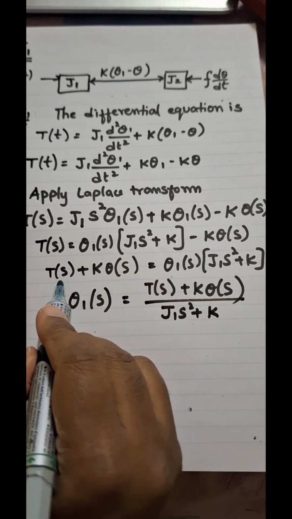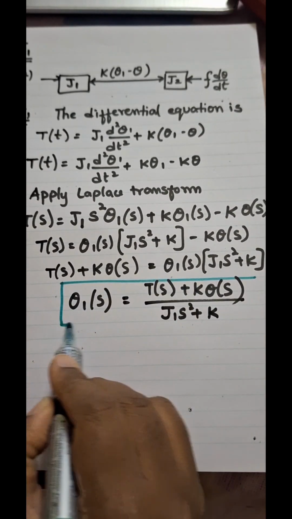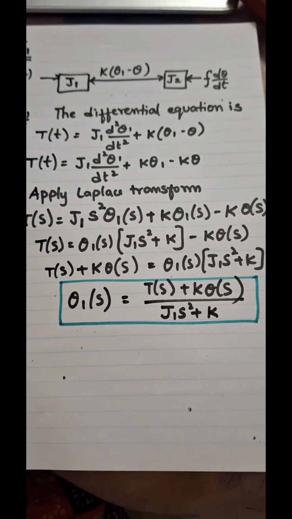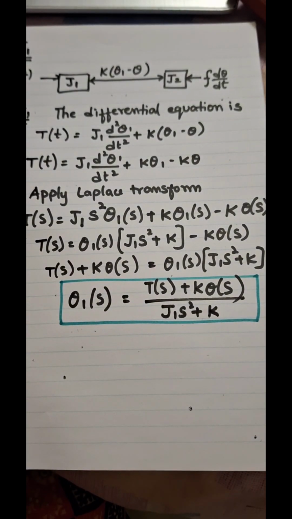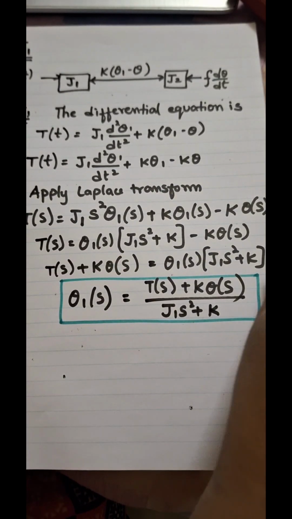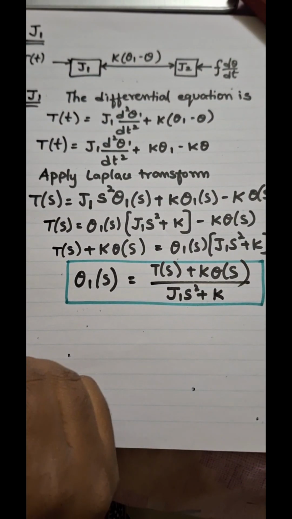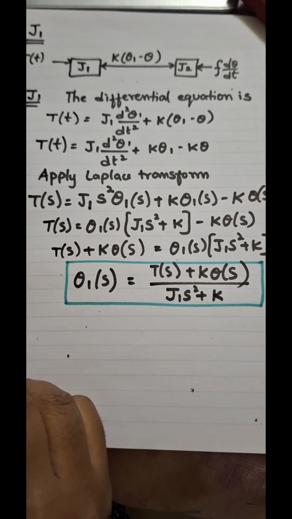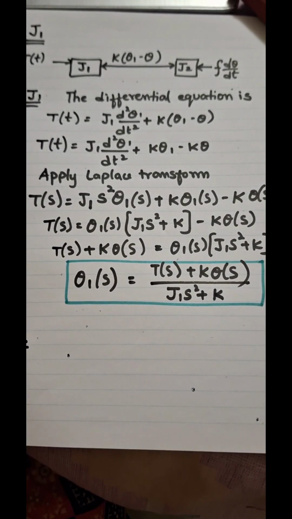So now I got something for theta 1. It means I have a chance to eliminate theta 1. Clear? Now next my equation is for J2, right?